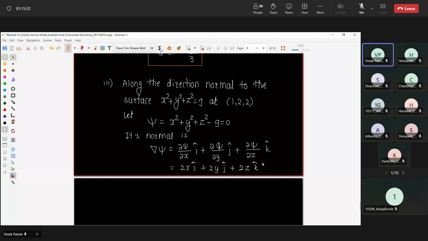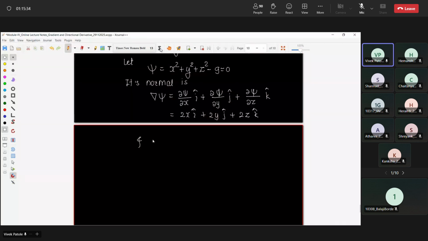Okay, and now this del psi at the point 1, 2, 2 is, replace x by 1, y by 2, z by 2, 2 i cap, it will be 2 i cap plus 4 j cap plus 4 k cap. This is the normal at 1, 2, 2 we got.